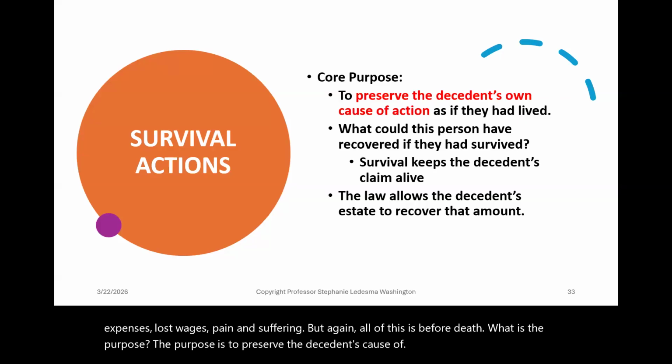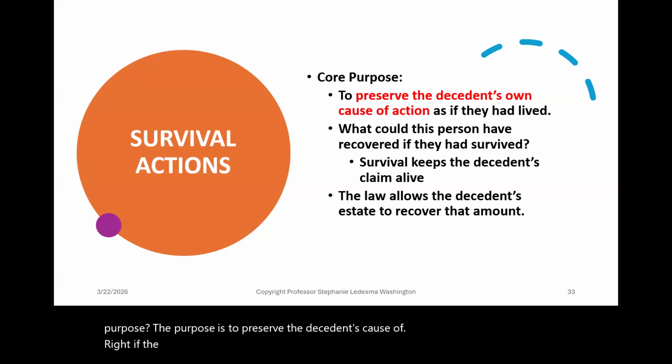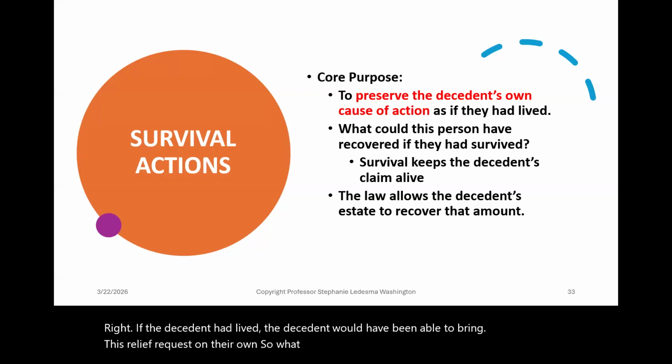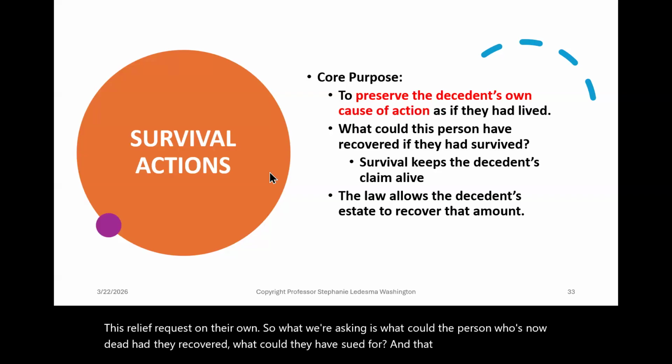If the decedent had lived, the decedent would have been able to bring this relief request on their own. So what we're asking is, what could the person who's now dead, had they recovered, what could they have sued for? And that goes up to the time of death.